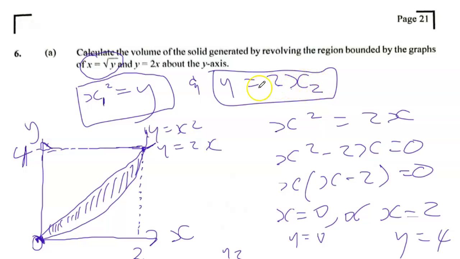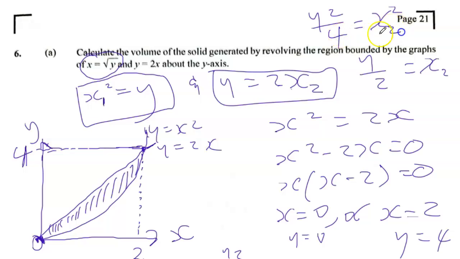Now from here, for x2, if we divide both sides by 2, y over 2 would be equal to x subscript 2. And if you square both sides, what you have is y squared over 4 equal to x squared. I put in the subscript 2 just to indicate that it's a different function from the curve.